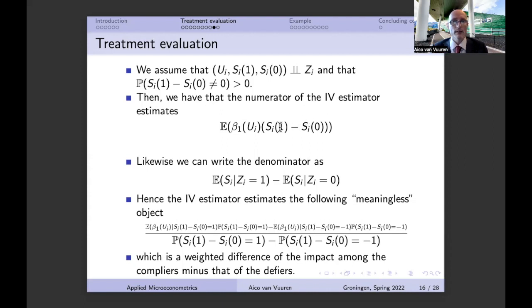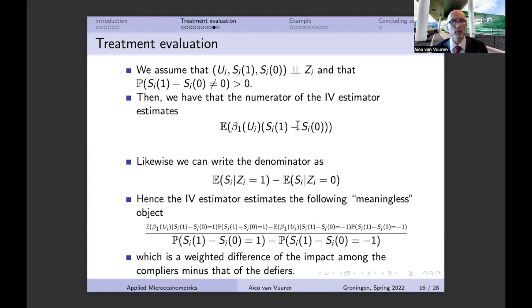So either Si1 minus Si0 is equal to 1 in the case of compliers, or this thing is equal to minus 1 in the case of defiers. At the moment that we have always takers or never takers, then this thing is simply equal to 0.